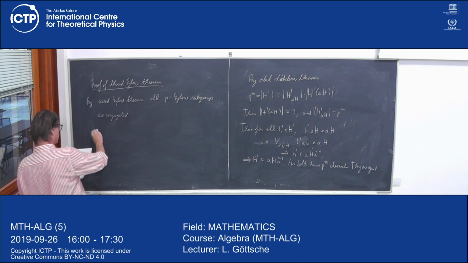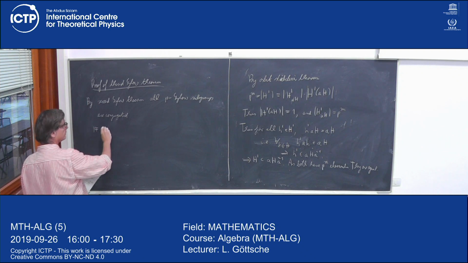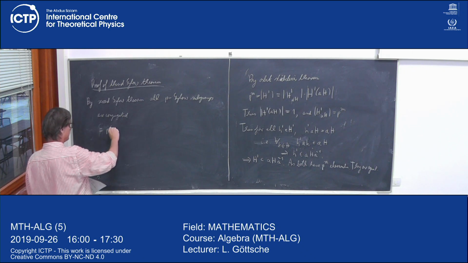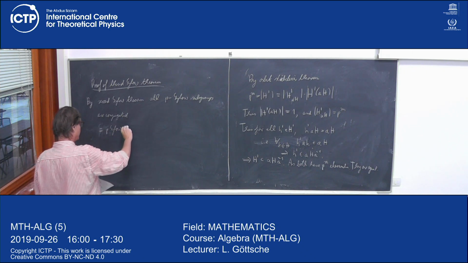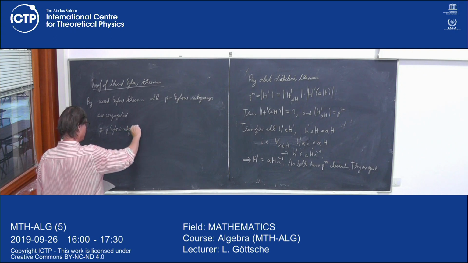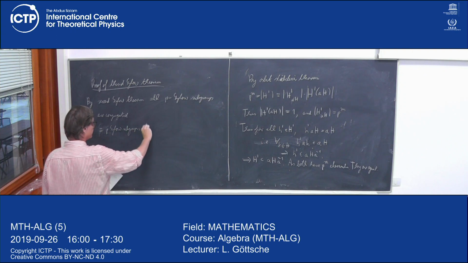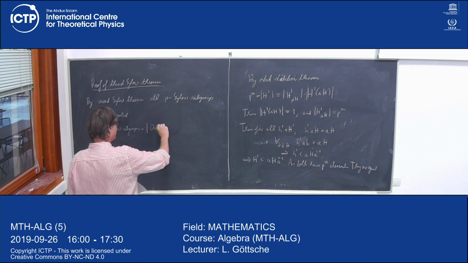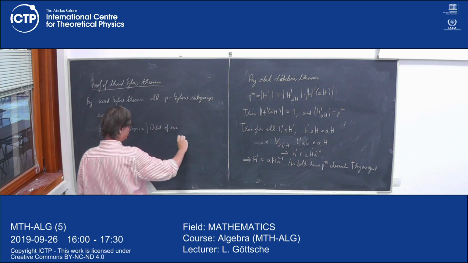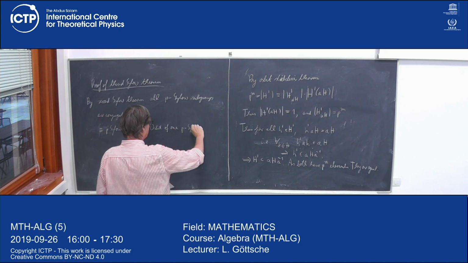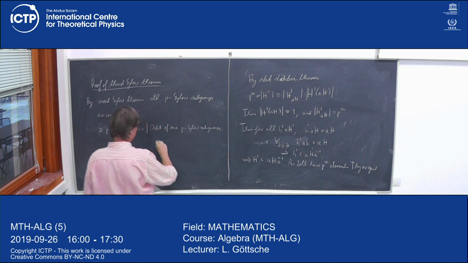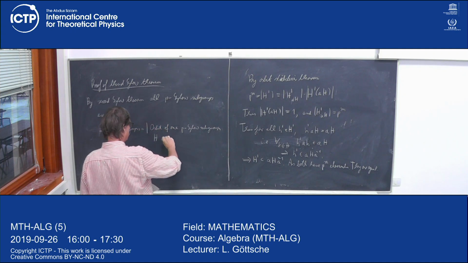So the number of p0 subgroups is equal to the number of elements in an orbit of one p0 subgroup, we call H, under conjugation.